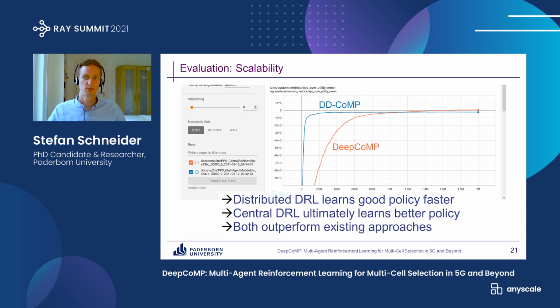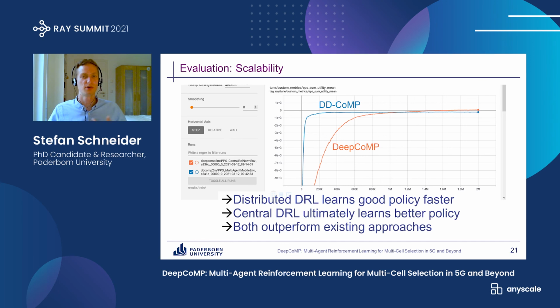Whereas for the distributed approaches, for example here DeepCoMP, the observation and action space is completely invariant from the number of users. And so in this example here, DeepCoMP converges within here 200,000 training steps, more or less. Whereas the centralized DeepCoMP approach needs much longer. It needs more than 1 million training steps to reach a similar performance, so more than 5 times as long. And that's a huge benefit and advantage of these distributed approaches.